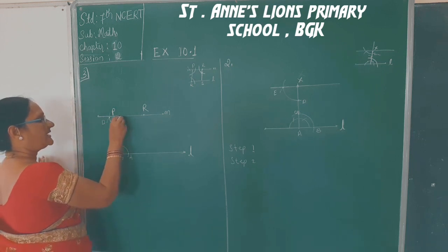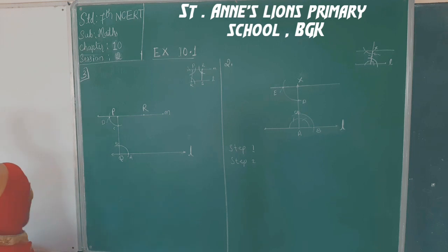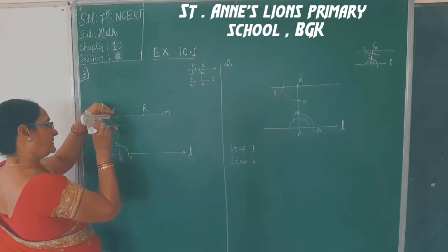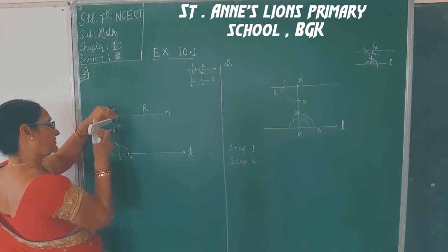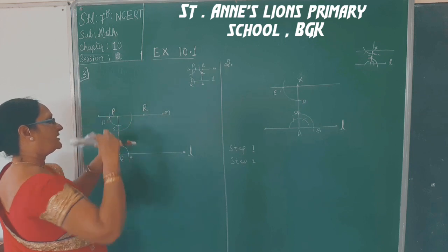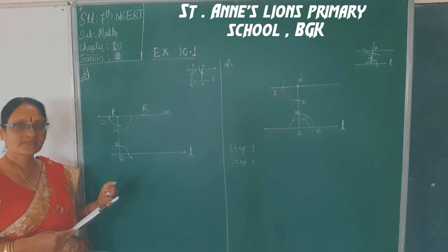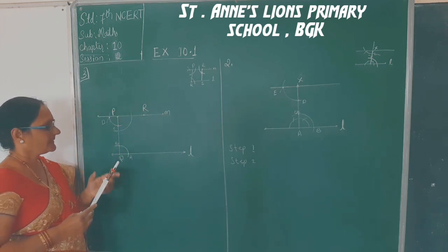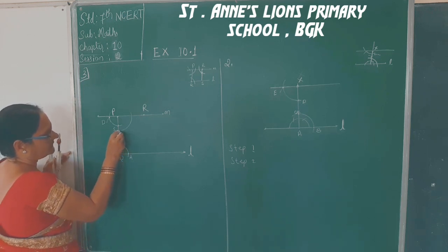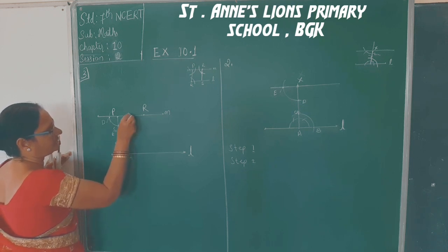Same again, take P as the center with convenient radius. It can be bigger or smaller, whatever you take. This is one convenient radius. I have drawn the arc. Now that arc has to cut the line PQ at E and F.